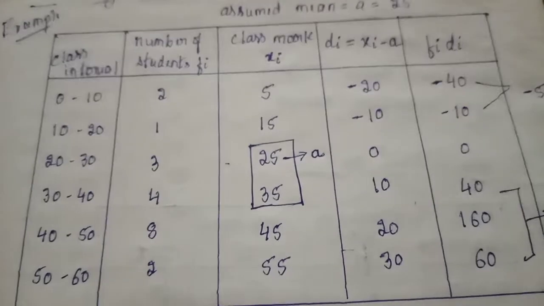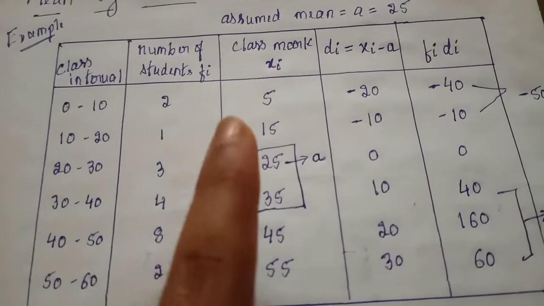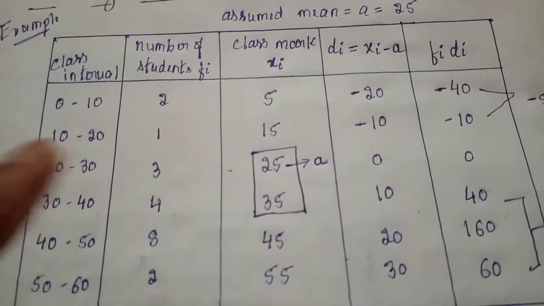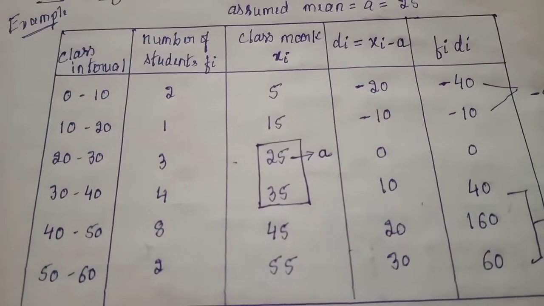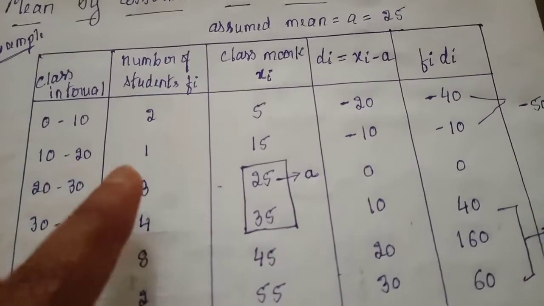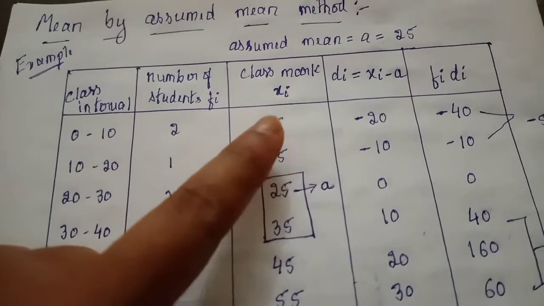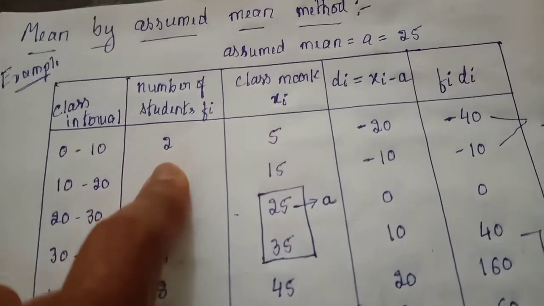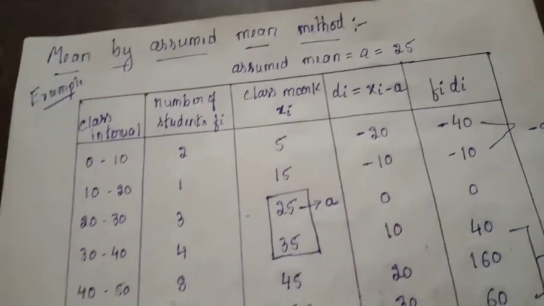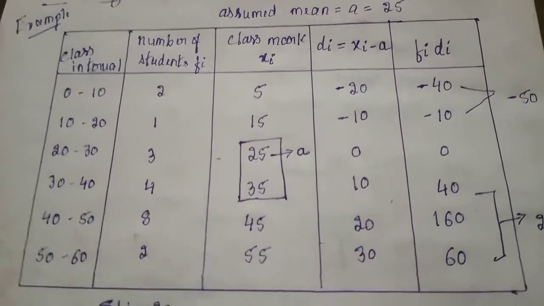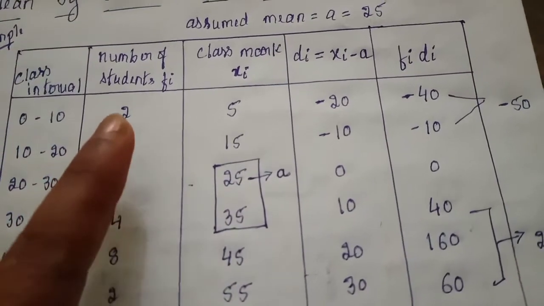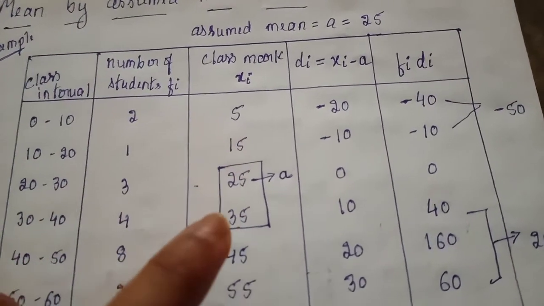We go for assumed mean method when the xi and fi are numerically large. Here I am taking the same example and explaining it, but when you go to the exercise questions, you can observe that some numbers are very large. We can multiply, but after multiplying, the summation and cancellation, simplification, everything will become difficult when the fi and xi's are very large.